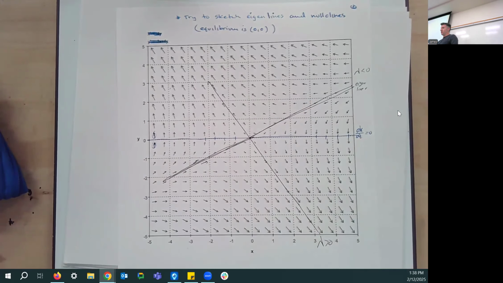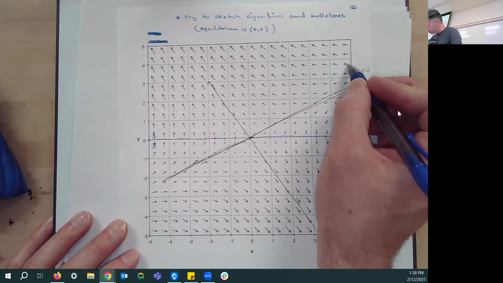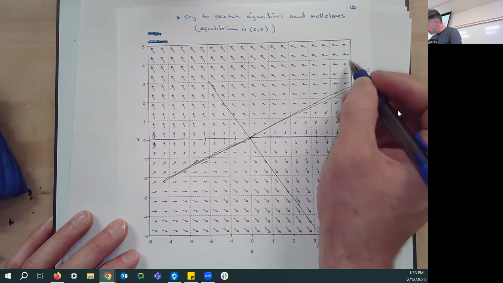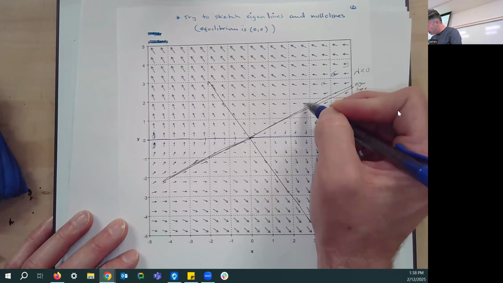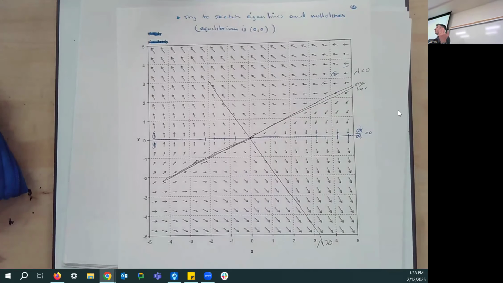Can we find the horizontal one? Maybe. I'm looking right here and seeing that this one actually looks pretty horizontal. So does this one. It looks like it's here, here, here. It kind of looks like it's along this line here. Point worth noting: in these cases where the systems are easy, meaning it's not nonlinear, it's a very nice dx/dt equals a multiple of x plus a multiple of y, dy/dt equals a multiple of x plus a multiple of y.